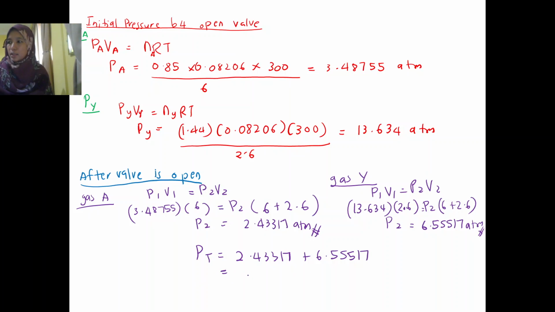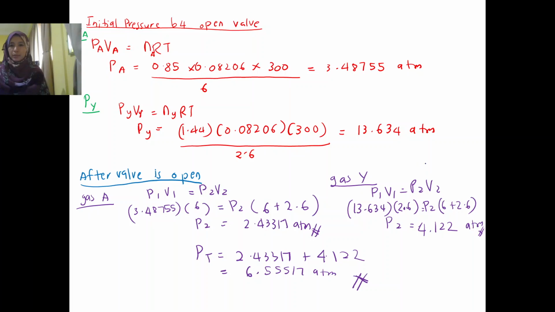Okay, sorry, this one is 4.122 atm. So after mix baru jadi 6.55517.